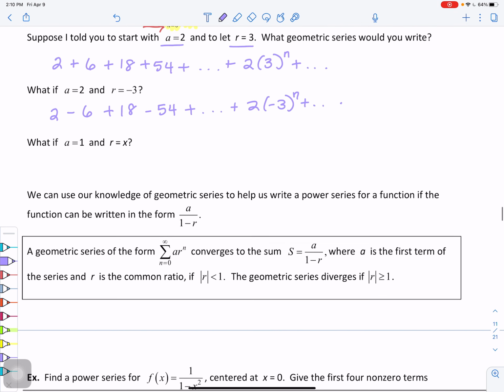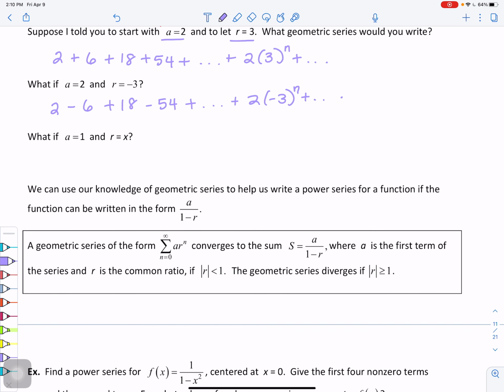And what if a would be equal to 1 and r would be equal to x? We would have 1 plus x squared plus x cubed plus x to the n. Look at that.